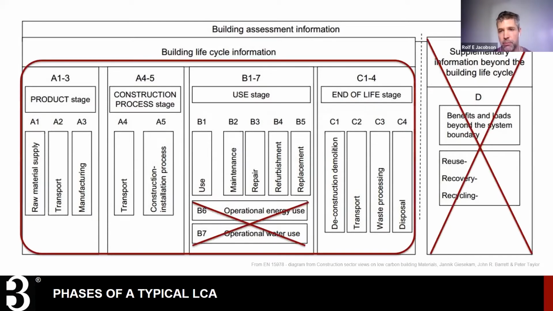So most of the time we do not include phase D. Most whole building LCA software is going to give you the option to include phase D impacts or not. And for the B3 guidelines, at least, we do not want those included in the results. You'll also see that operational energy and operational water use are included in the use stage, phase B. For the B3 program, again, we're looking at tracking those in other guidelines, obviously. So we don't include those in the LCA analysis.